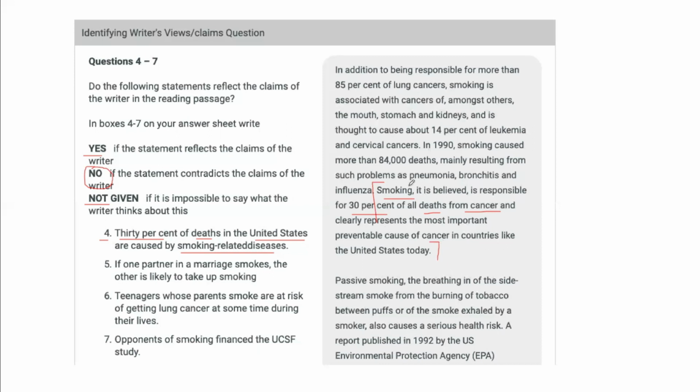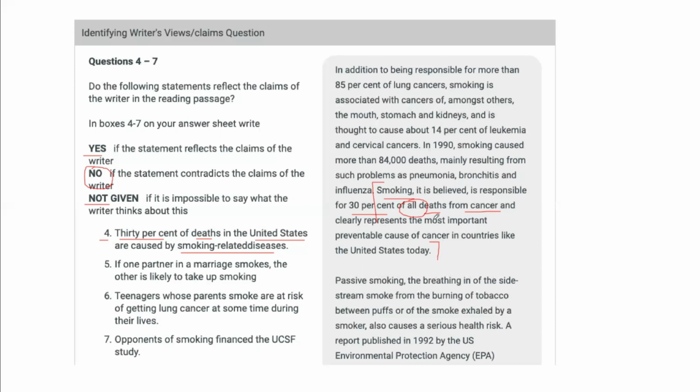So our answer is confined to this area. Now you see all deaths, which we'll talk about a little bit later in the next slide. For all deaths, this is a very absolute word, and a lot of students would see this and immediately think yes, because this is talking about 30% of deaths, and this is talking about 30% of all deaths.